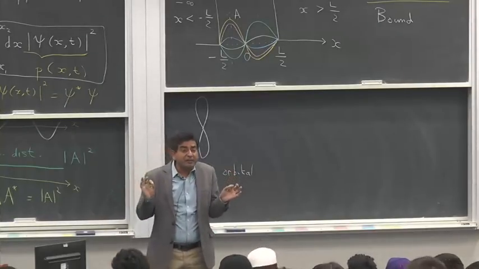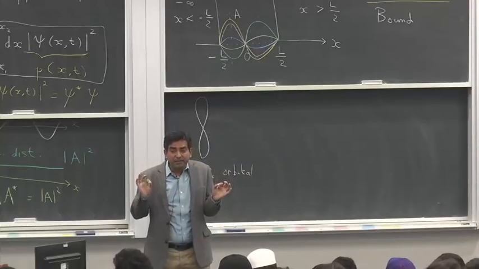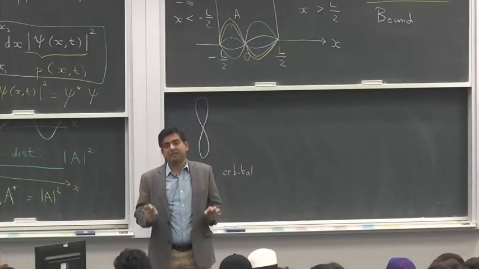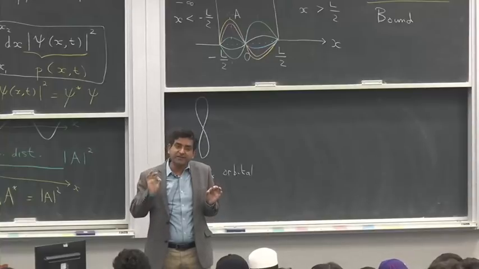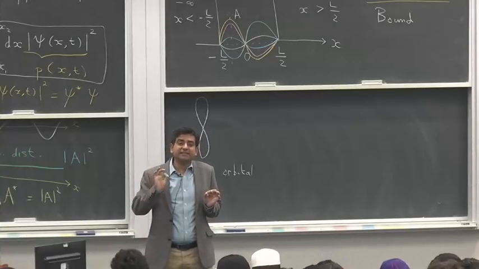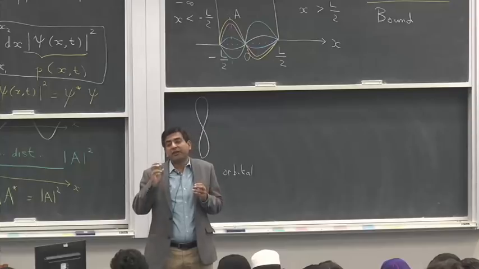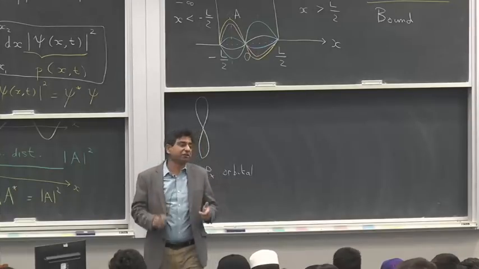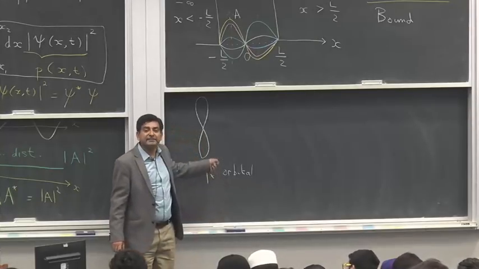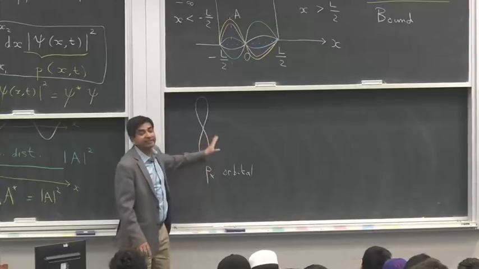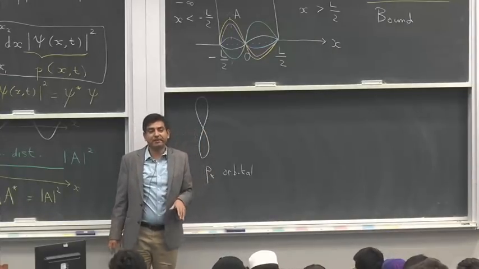This picture actually shows the probability density of the electron in the state px, or an electron that has the wave function px has this probability density. Now this is a naive picture, a simplistic picture.